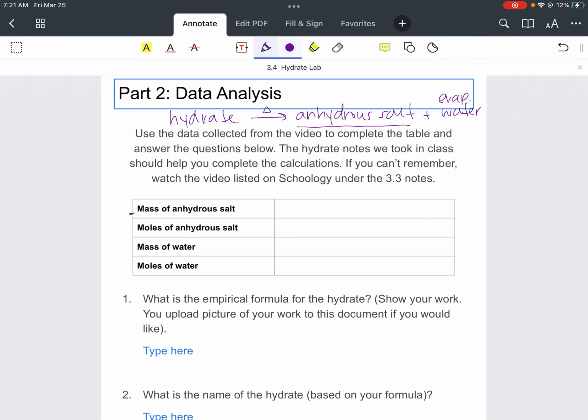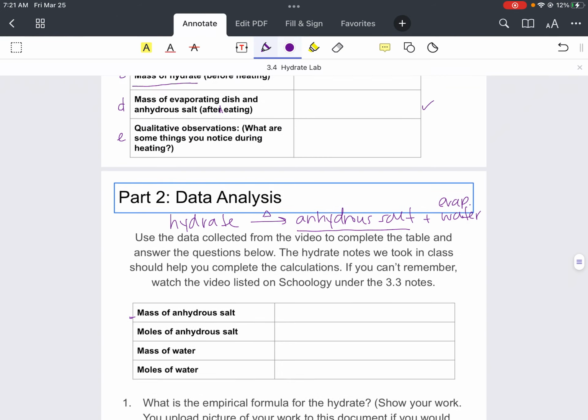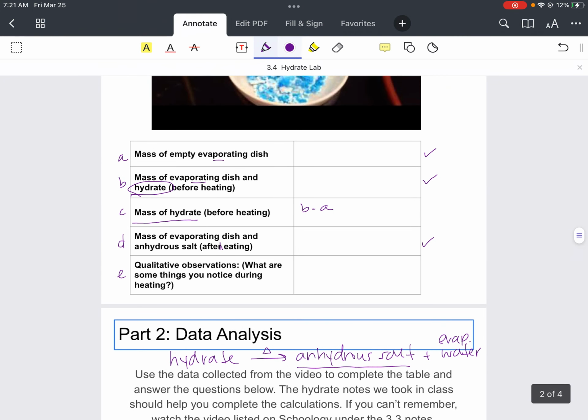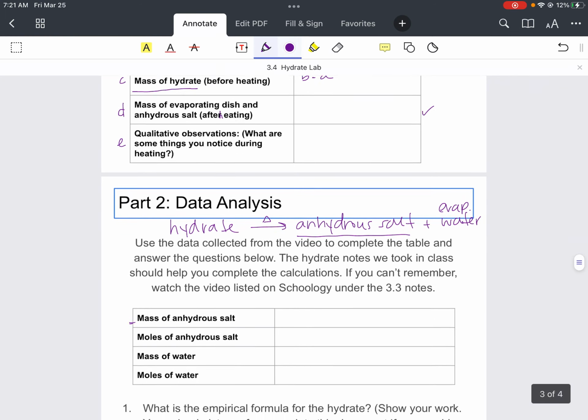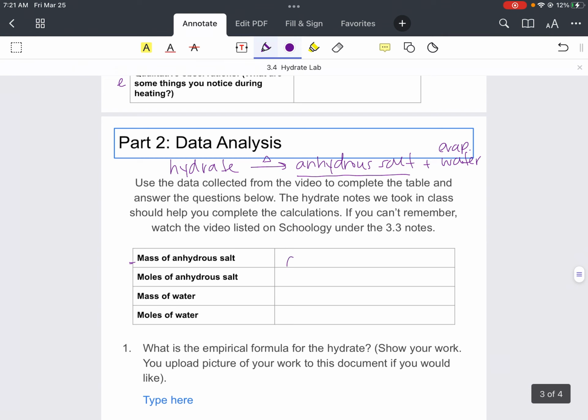If we look back up to our data table, we have the mass of our empty evaporating dish, and we have the mass of our dish with the salt in it. So we can just say D minus A, and then we can get the mass of our anhydrous salt.